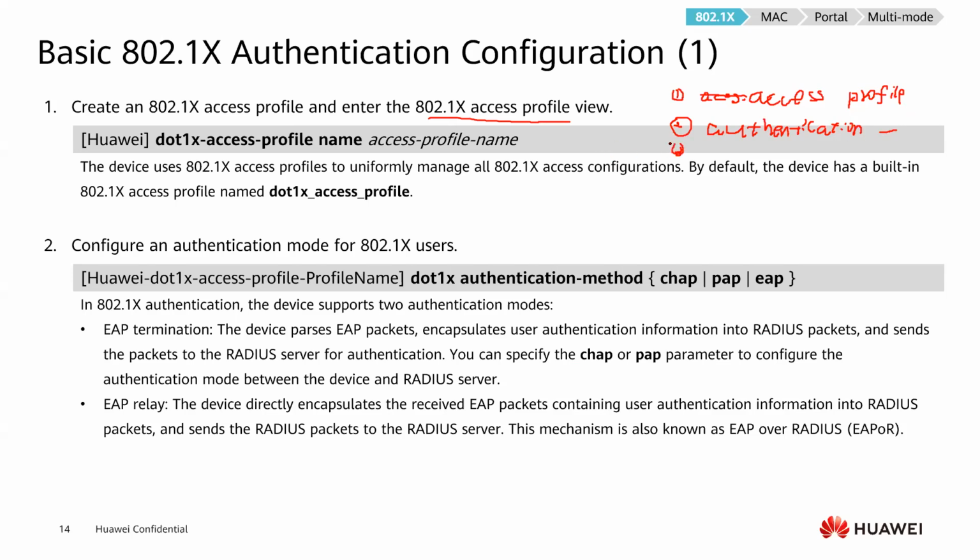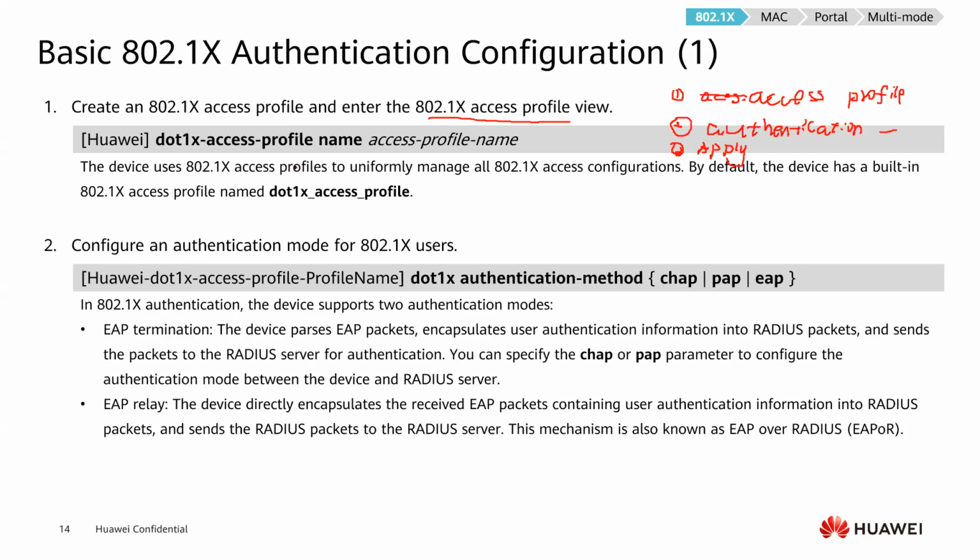And the third step is to apply. You apply the specific authentication profile on the specific interface, which is the access device interface, and then you finish the configuration of the different authentications.